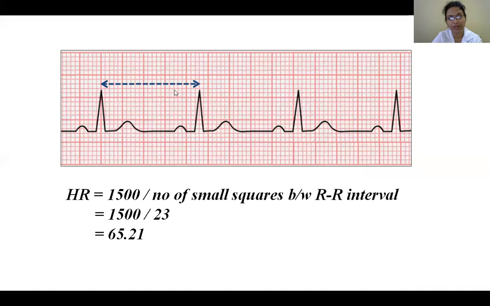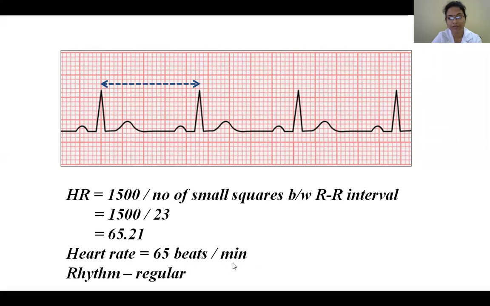So 4 into 5 will be equal to 20. So 21, 22, 23. So the number of small boxes is 23. If you divide this, you get 65.21. So the heart rate in this ECG strip is 65 beats per minute.